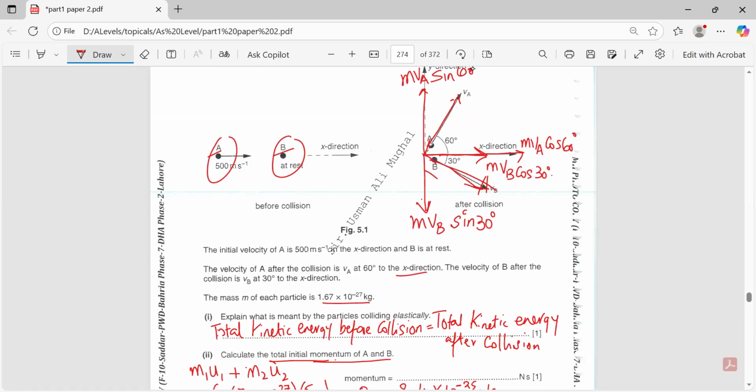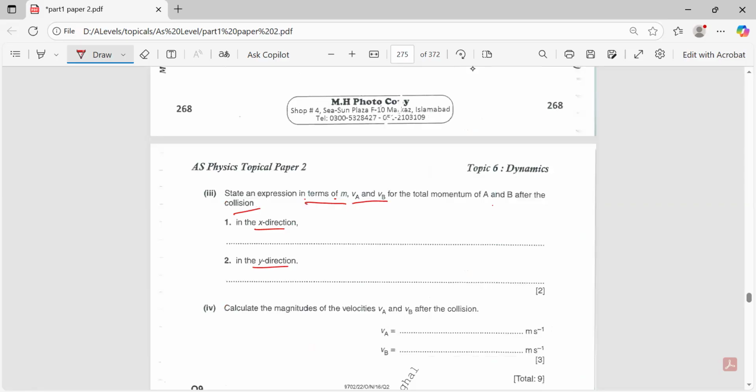Now we have to talk about the x-axis. This is the total momentum of A and B after collision, so it will be written as m vA cos of 60 degrees plus the momentum of the second, m vB cos of 30 degrees. So this is how you are going to write it down.